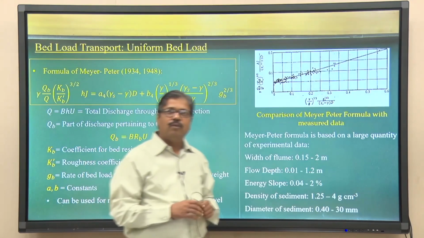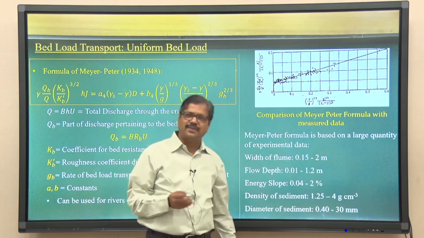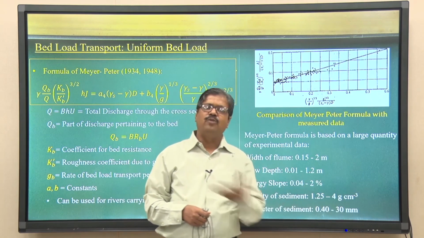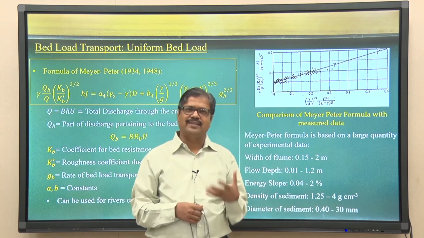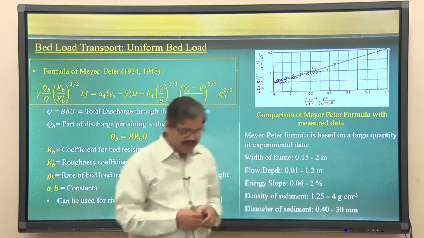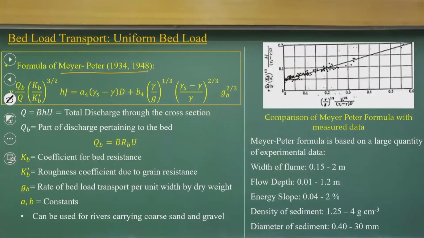Now, before concluding these lectures, I am just introducing, in a similar way, how the bed load transport can be established using empirical equations. That is by Meyer-Peter, a long time back, in 1948. They established very complex equations.